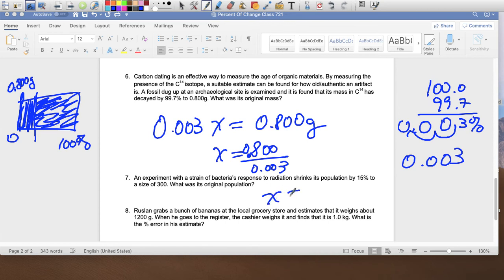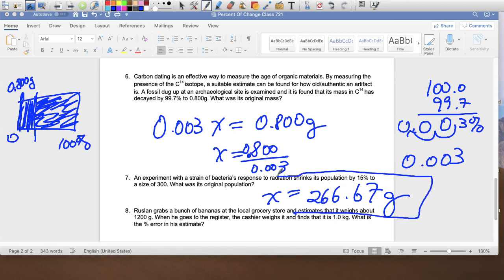0.003, and the original weight of this thing, whatever this was, divided by 0.003 equals 266.67 grams, if I round it. So at one point, whatever this organic material was, weighed 266.67 grams.